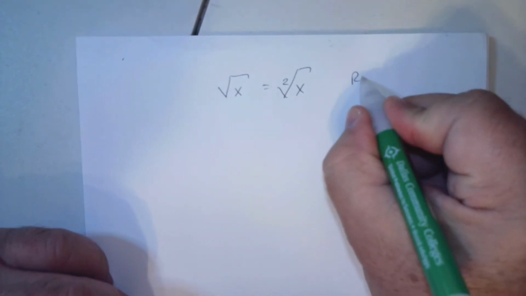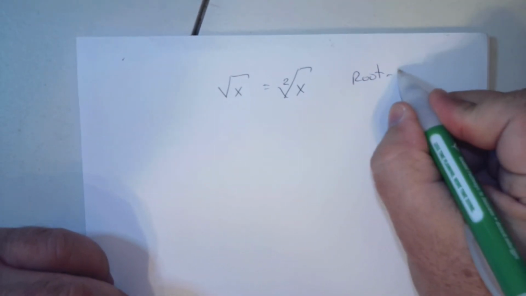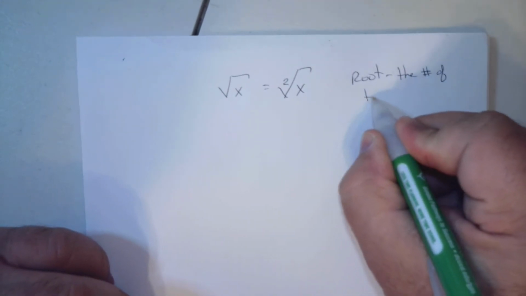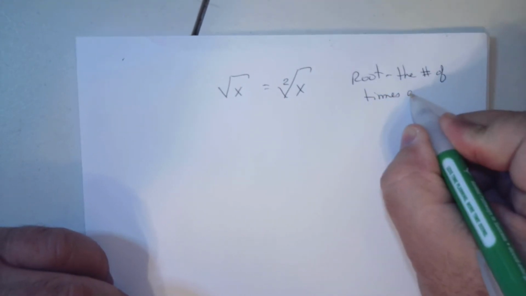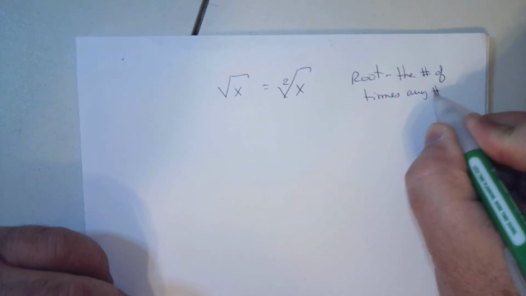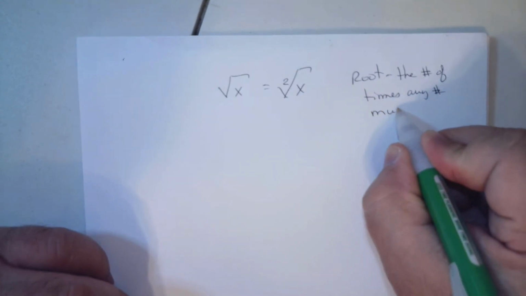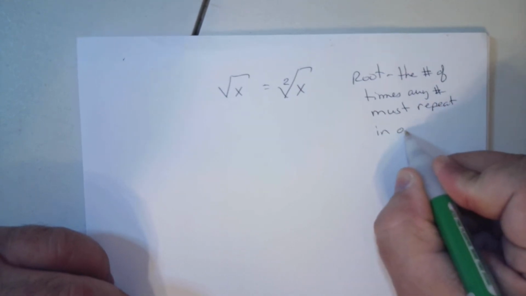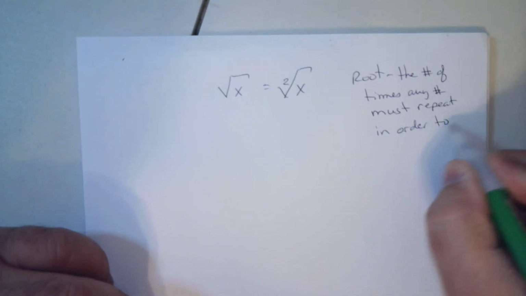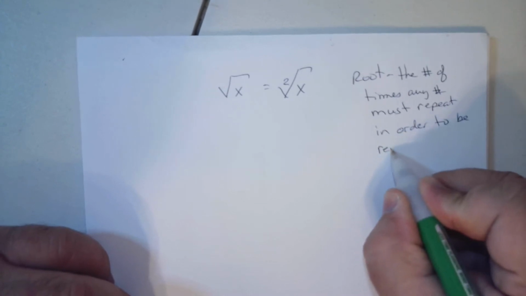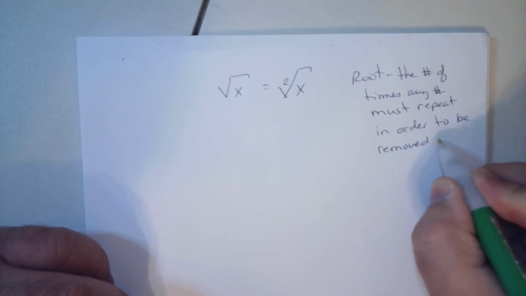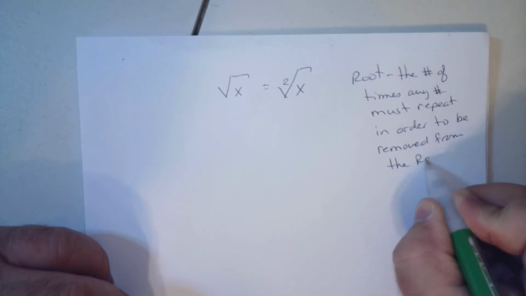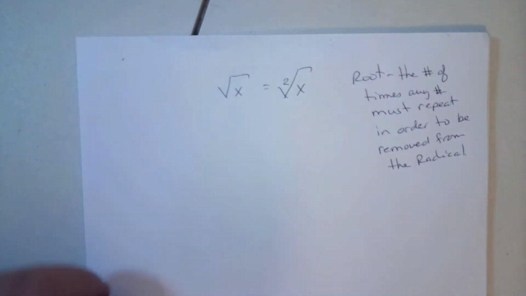The root tells us the number of times any number must repeat in order to be removed from the radical.